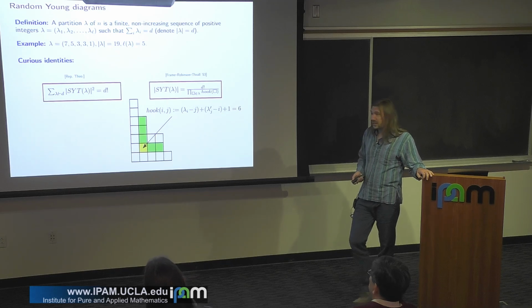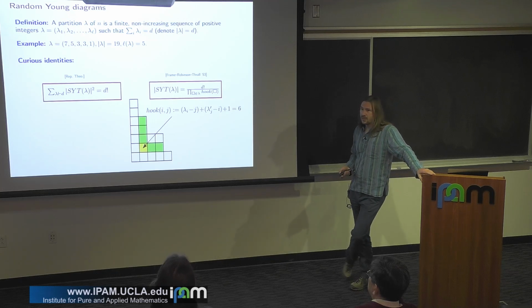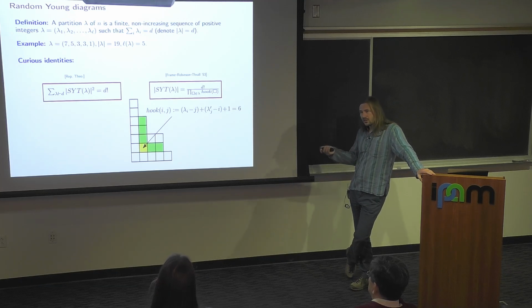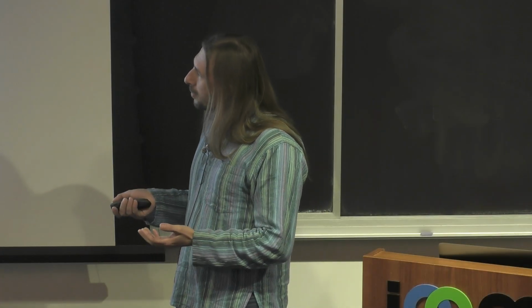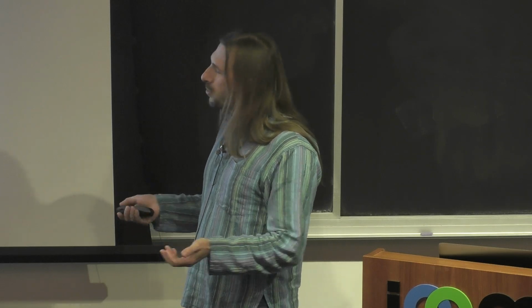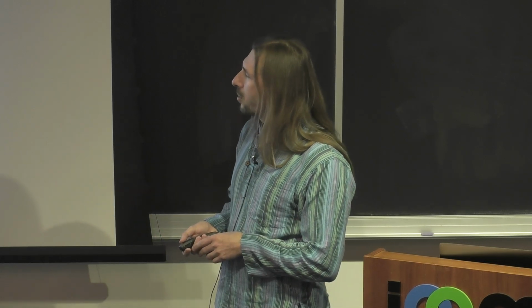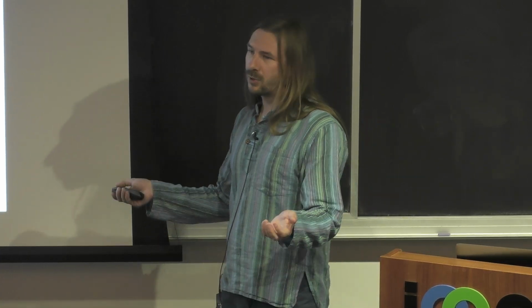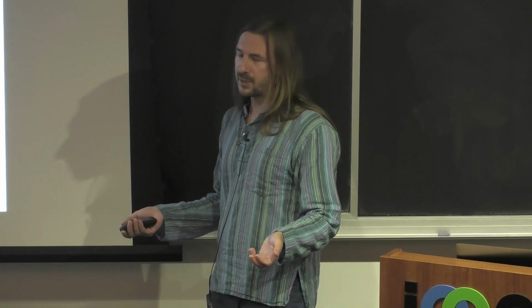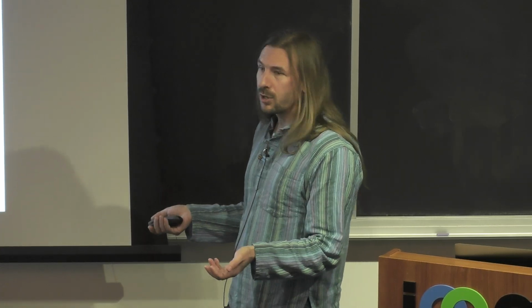For the symmetric group, irreducible representations are naturally indexed by Young diagrams. And it turns out that the dimension of an associated irreducible representation is given precisely by the number of standard Young tableaux. So once you have this, you can very naturally define a probability measure on the set of Young diagrams. Secretly, you are actually defining a probability measure on the set of irreducible representations of a symmetric group, which is called the Plancherel measure.